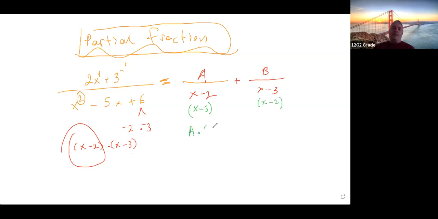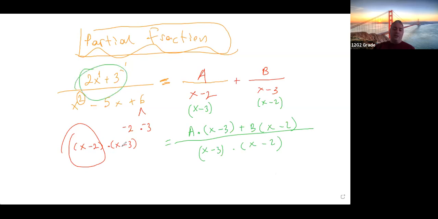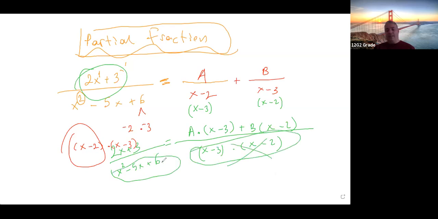So A times x minus 3 plus B times x minus 2, divided by x minus 3 times x minus 2, equals my question, 2x plus 3 over x squared minus 5x plus 6. The denominators are the same, so I can simplify them. What is left is 2x plus 3 equals A times x minus 3 plus B times x minus 2.